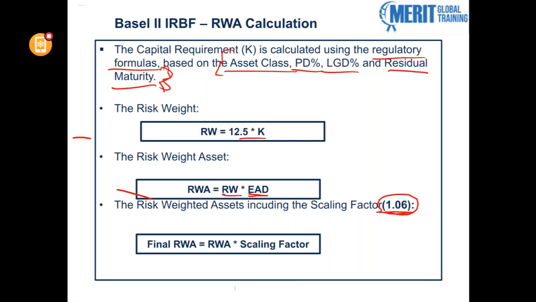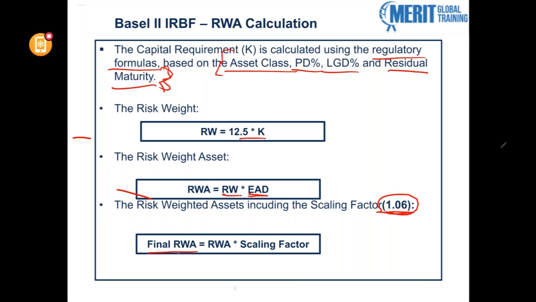So in order to create a balance between the standardized approach and the foundation or advanced approach using internal rating based models, the regulators decided to make it mandatory for banks to increase their RWA value calculated using the internal rating based approach by 6%.